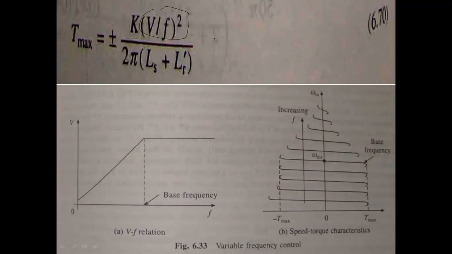So when this happens, what is the motor condition? The motor will be operating in constant torque mode. Now if you see the equation before equation 6.69, for low frequencies or low speeds, there is the stator resistance drop. What is the stator resistance drop?